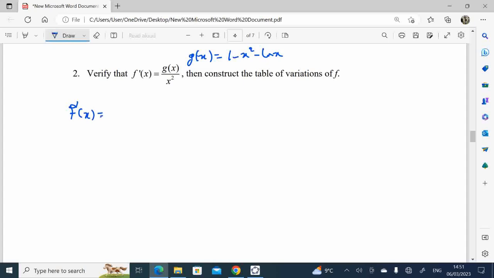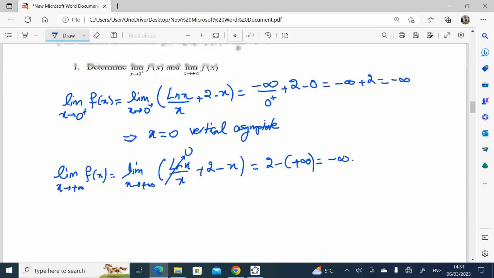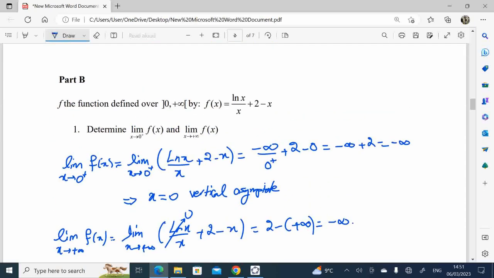So as we can see here, if we go back to our function f of x, the function f of x is given by ln x over x plus 2 minus x. So we have to derivate ln x over x using the rule u over v. The derivative of u over v is u prime v minus v prime u over v squared. So that's what we are going to apply for ln x over x.